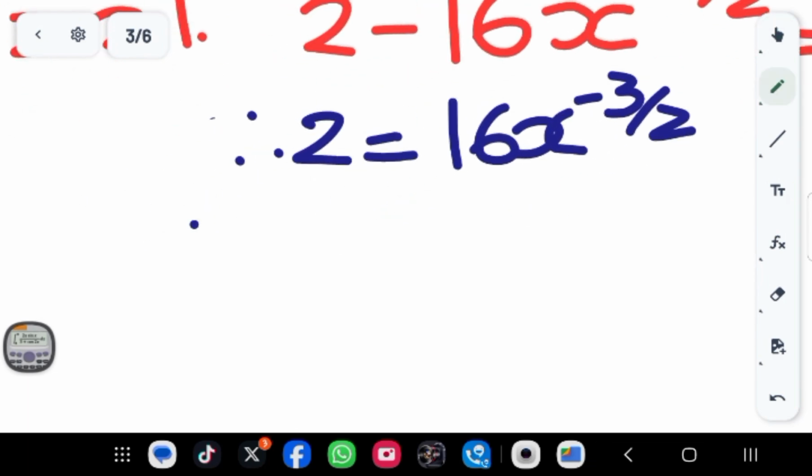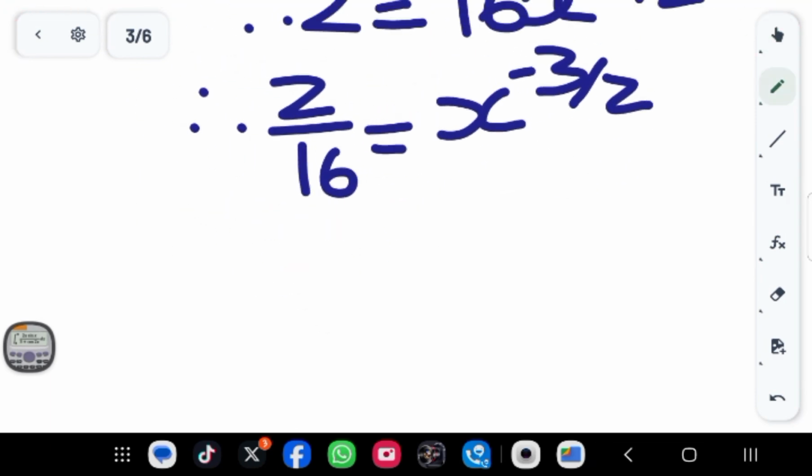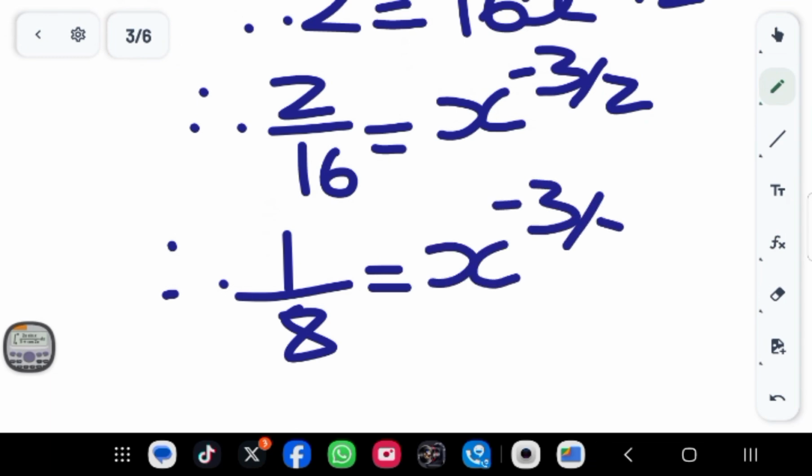And therefore now we can divide both sides by 16 to get rid of the coefficient of that. So that gives us 1 over 8 equals x to the power of minus 3 over 2.